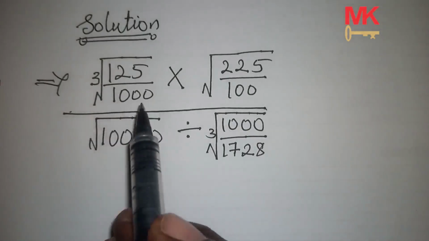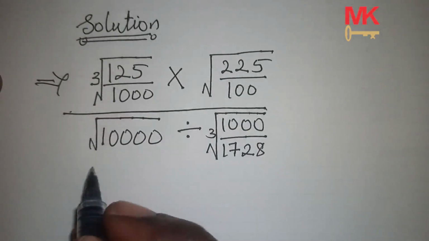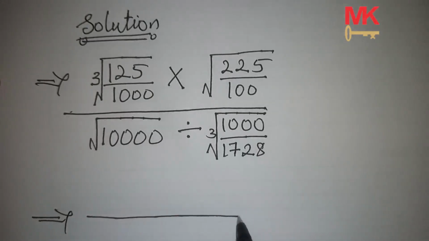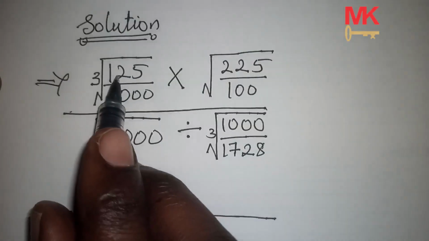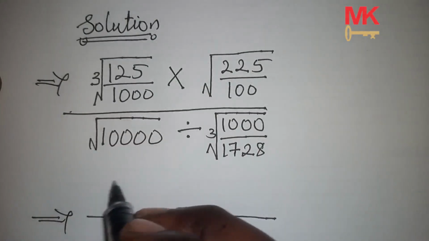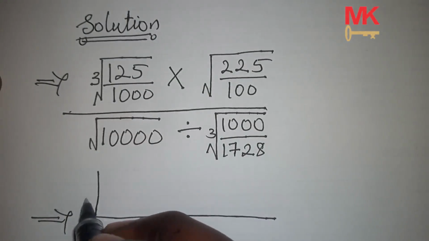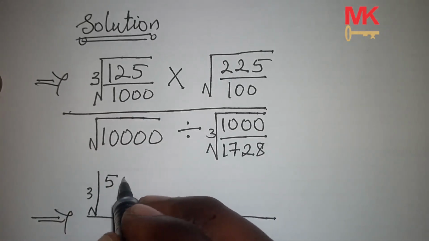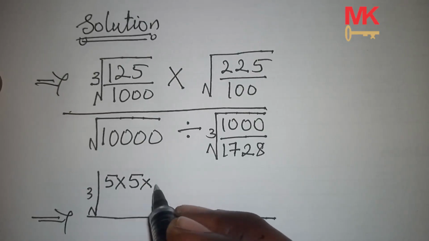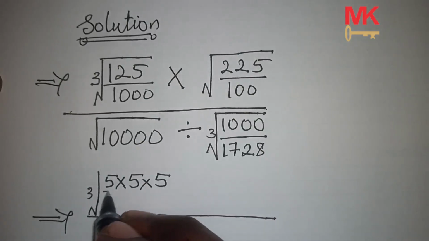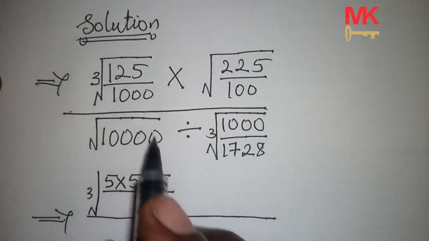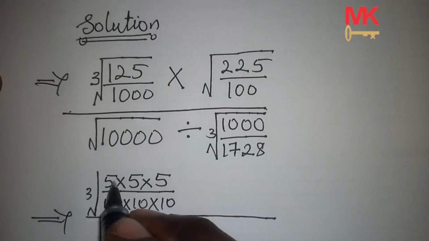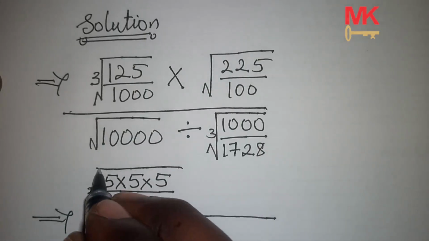So what we want to do now is to express each of them as their single values. So from here we have our line of division. The cube root of 125 is written as 5 times 5 times 5 divided by 1000, that's 10 times 10 times 10 for the first one.